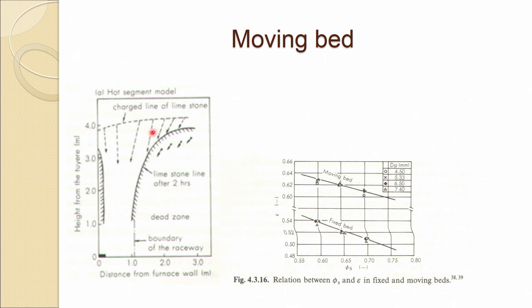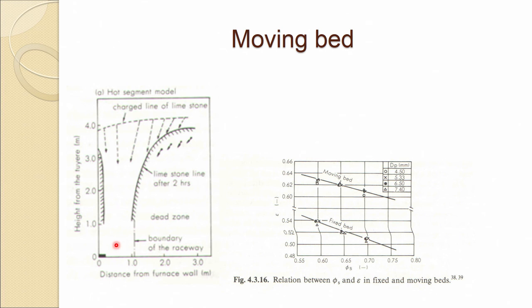So, this is a larger view of the funnel flow. This is the raceway boundary, and the chart line you can see is mostly the flow observed in a hot metal experiment: in a very narrow part near the raceway the flow of the coke and lime is occurring, and away from the raceway boundary in the horizontal direction is the dead man zone, and that coke does not participate in the combustion.